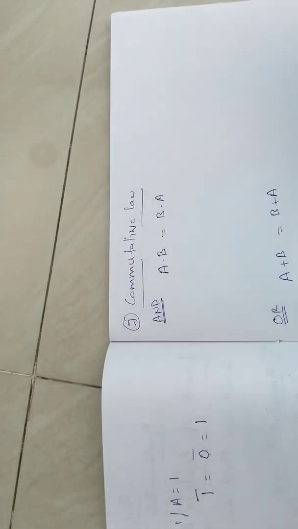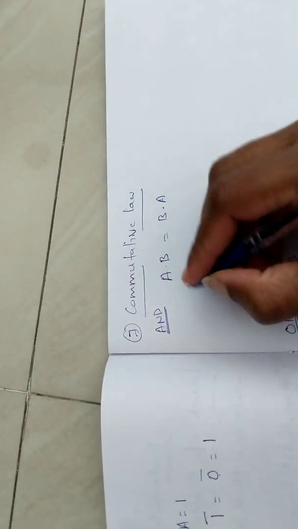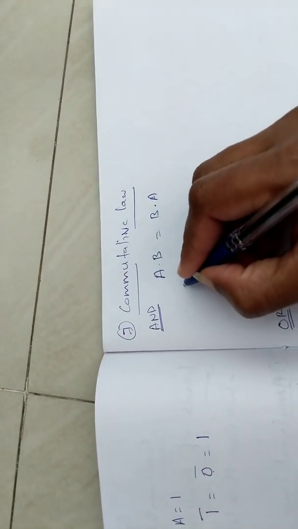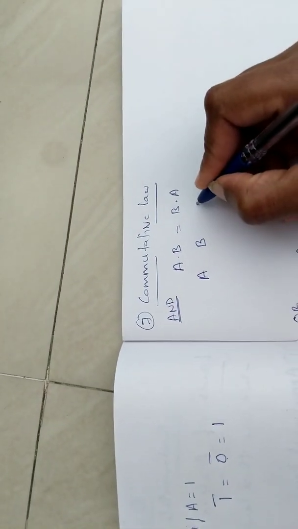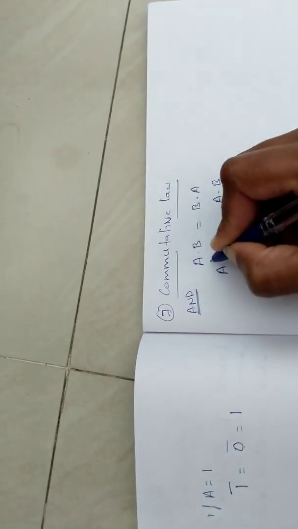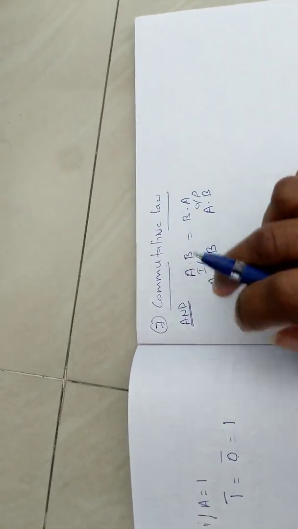This proof can be done using a truth table. I have 2 variables, so let me draw a truth table with A and B and A dot B. This is my input and this is my output for my left hand side.